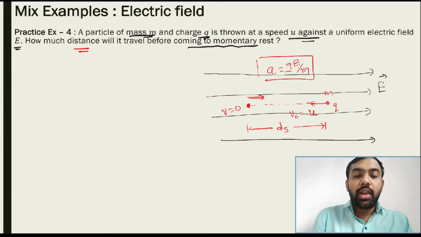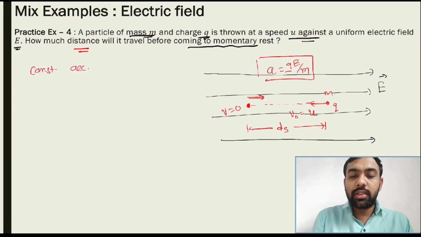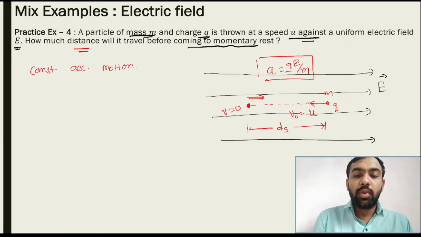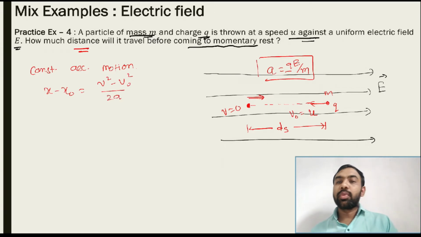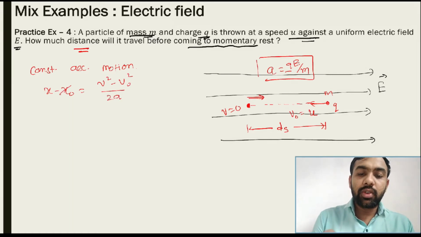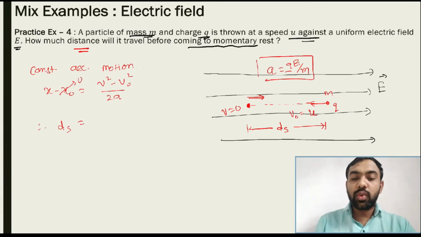So use the formula for constant accelerating motion: x minus x0 is equal to v square minus v0 square upon 2a. So x0 is constant, then x is considered as the stopping distance ds. So ds is equal to what?